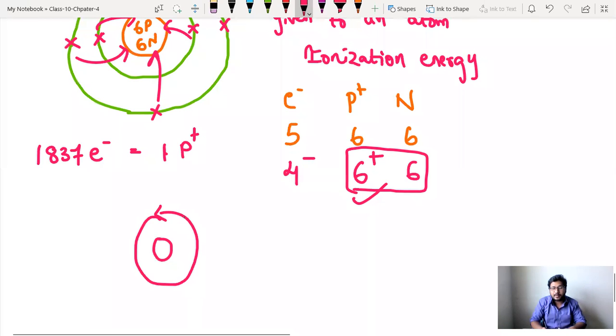What is the drawback? While electrons are revolving around the nucleus, electrons eventually lose their strength. But if electrons are losing strength, what will happen? That electron will eventually fall into the nucleus. If electrons fall into the nucleus, what would happen?